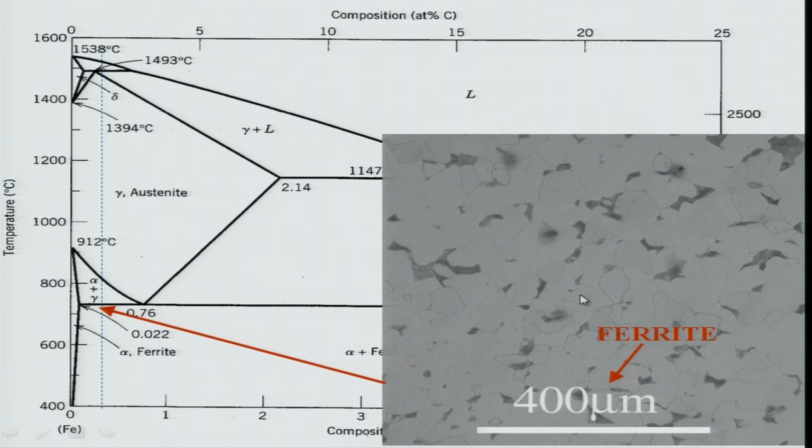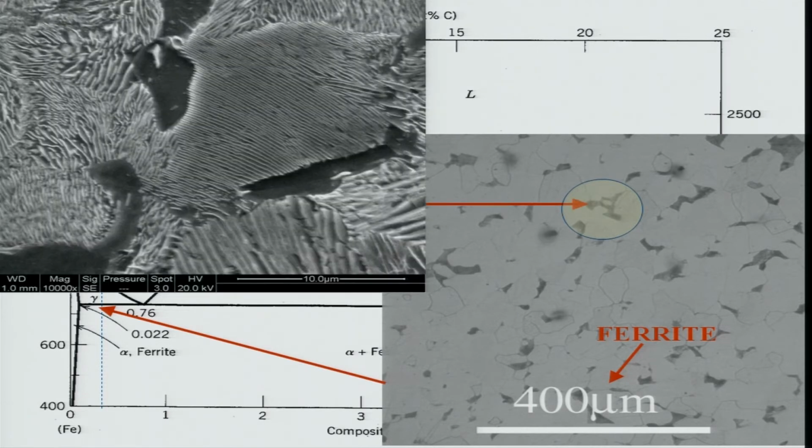If I zoom into one of these regions under a scanning electron microscope, I see these layers of ferrite and cementite, which together constitute perlite, the result of the eutectoid transformation of austenite to perlite.